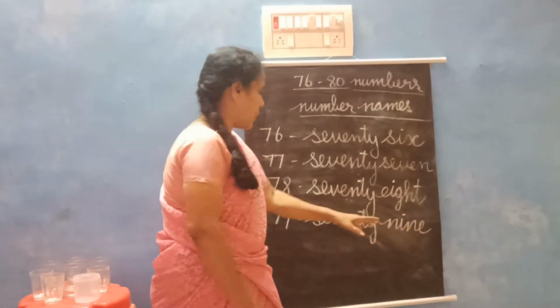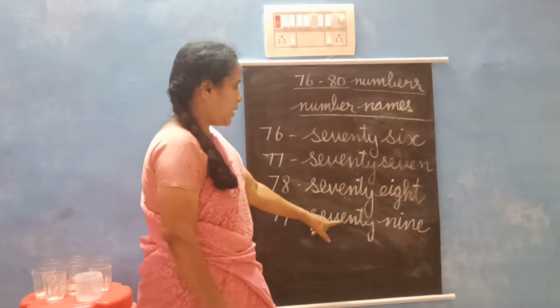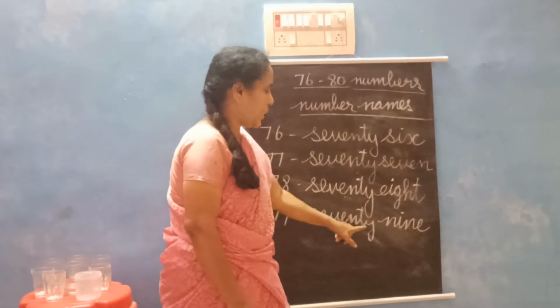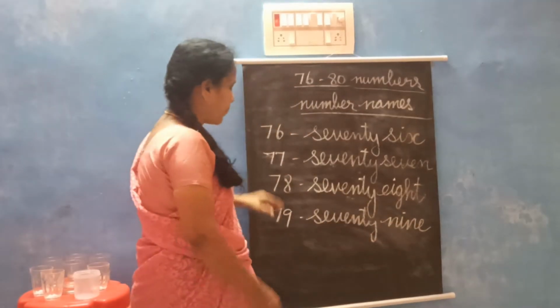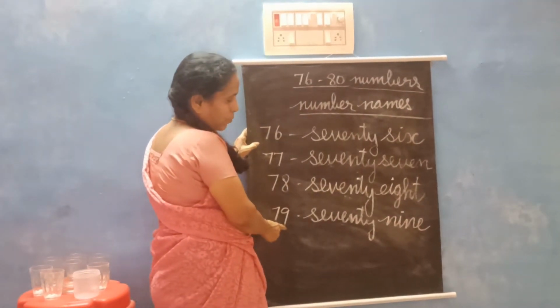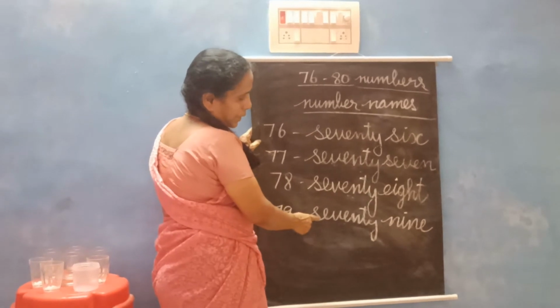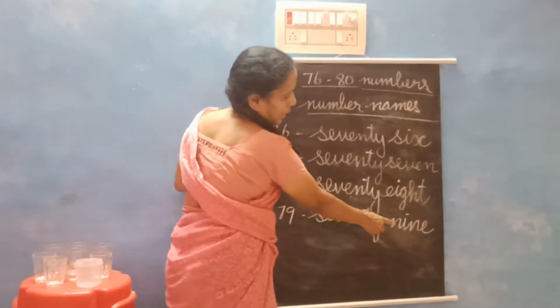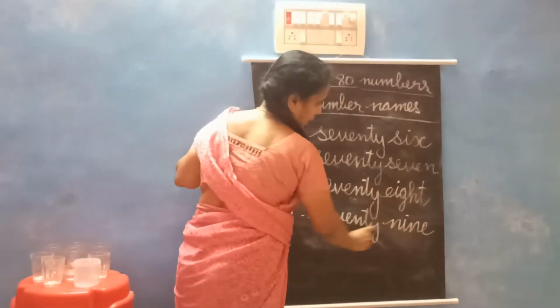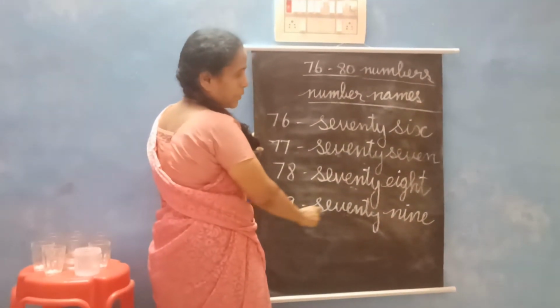Nine, 9. 79. Seventy-nine. Nine, 79. Now we have got the number 79.